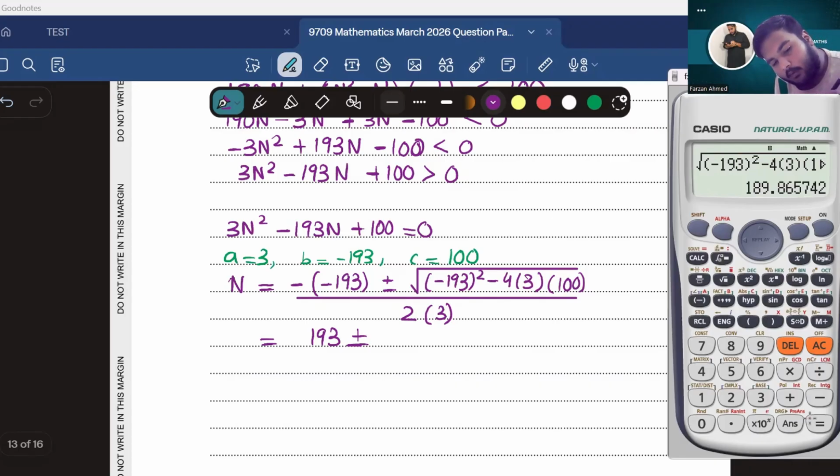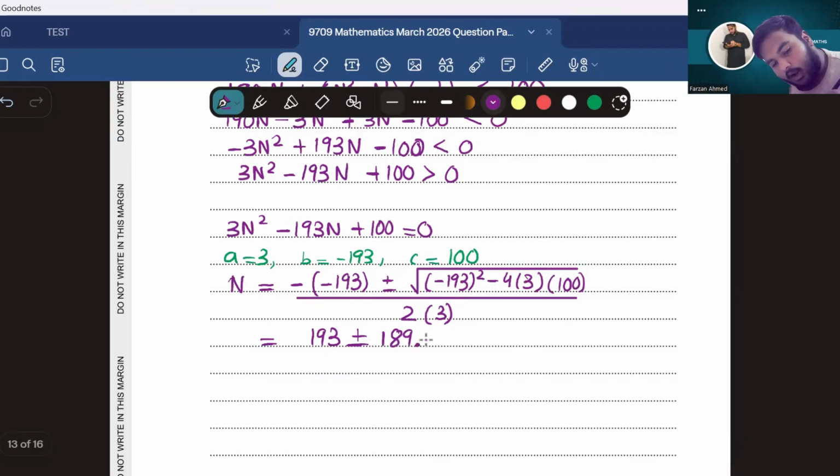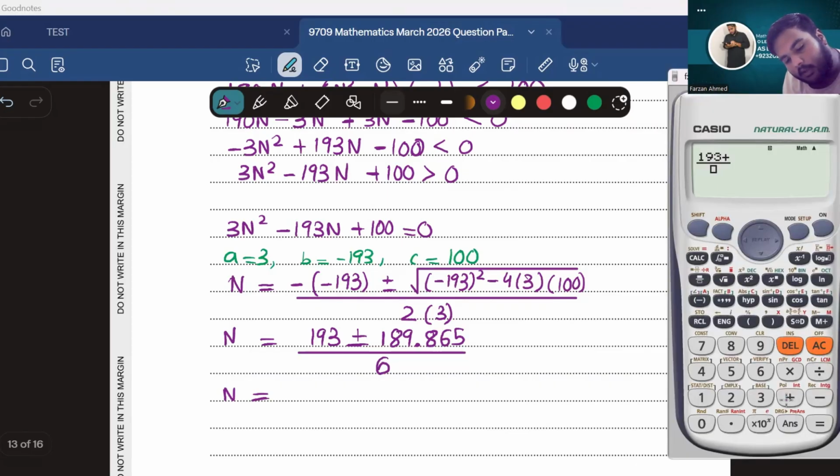189.865 over 2 times 3, which is 6. So the first value of n we got is 193 plus 189.865 over 6, which is 63.81.